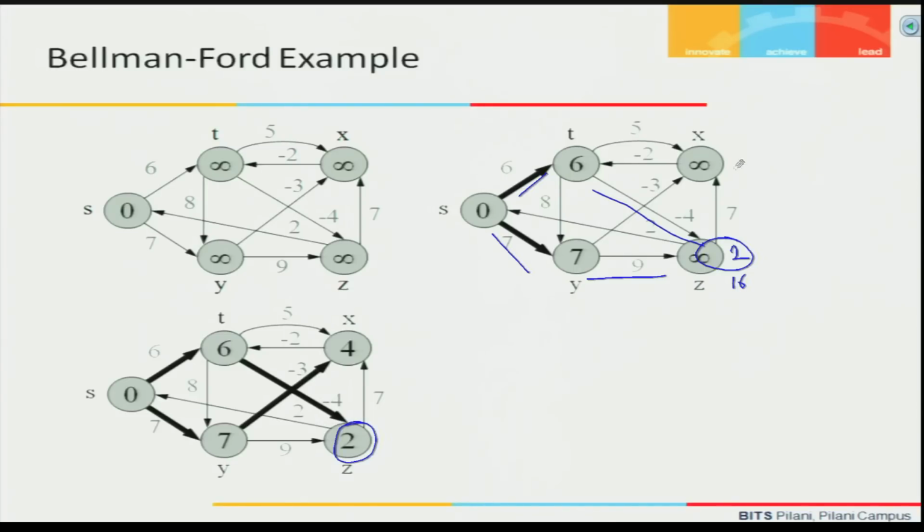Whereas, if you look at this vertex and its d value, if you traverse through this 6 and this is 5, its d value is 11. But if I look at the alternative path from here, the d value is 7 and this edge's value is minus 3. So, this is going to be 4. So, the d value of this is updated to 4 and not to 11. You can see that this is updated to 4 and this is updated to 2.